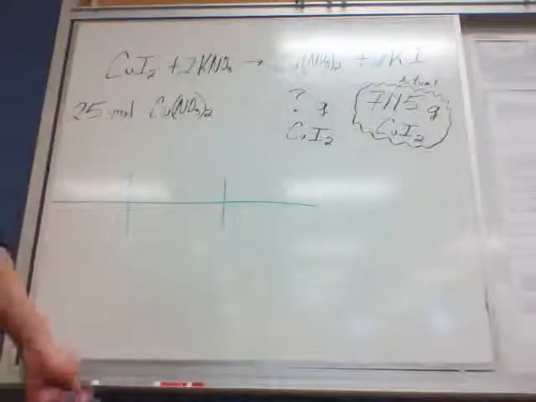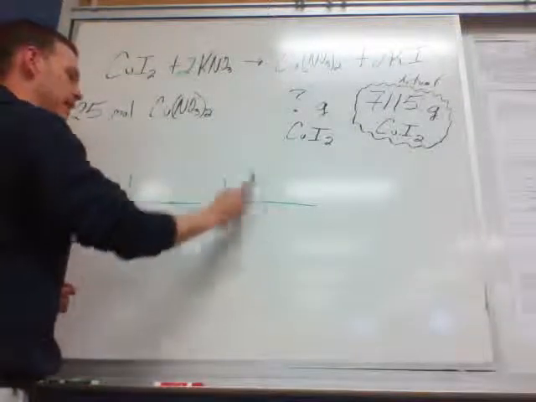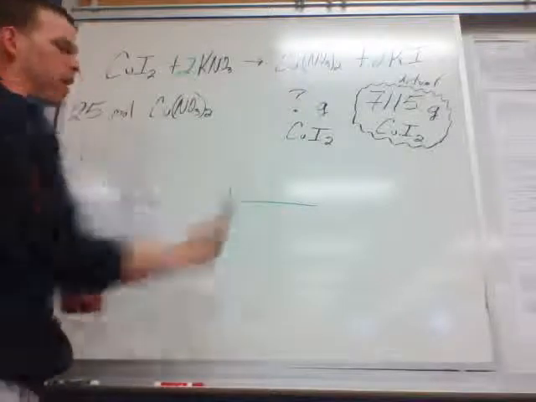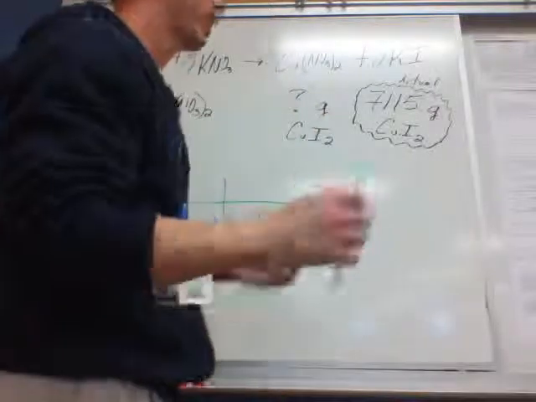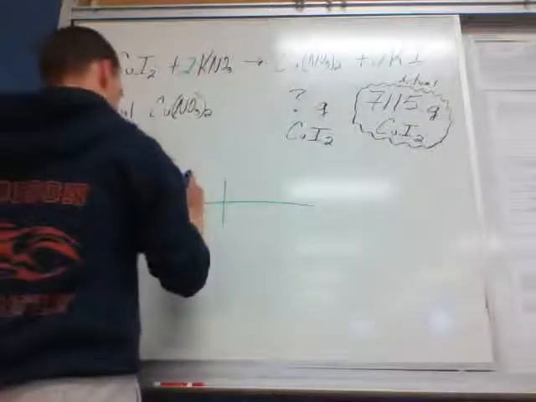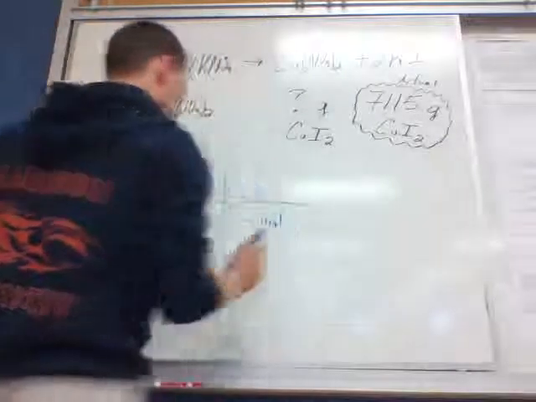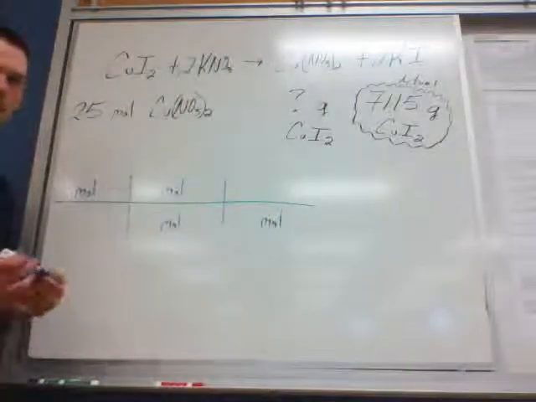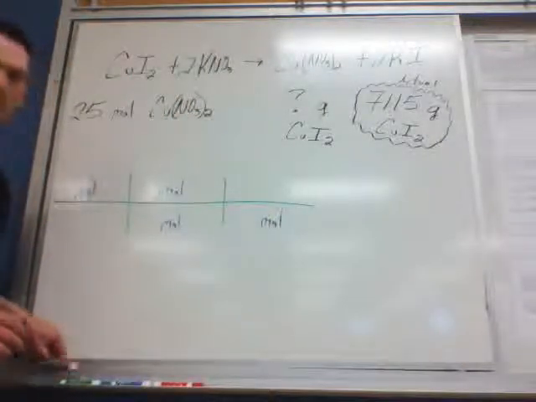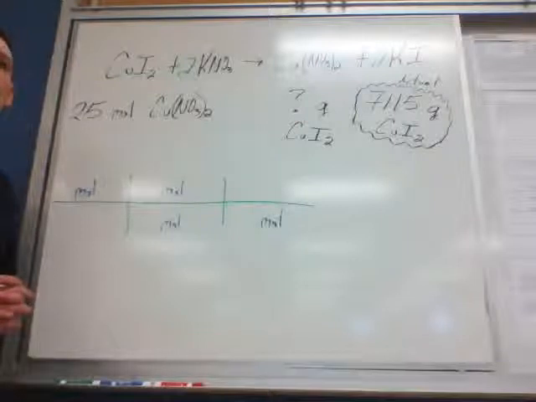Step 1 is, once we have the grid drawn, we need MOLs and Gs in the proper squares. Look at your cheat sheet. We're doing moles to grams. I see this. Stop me if I do anything weird.